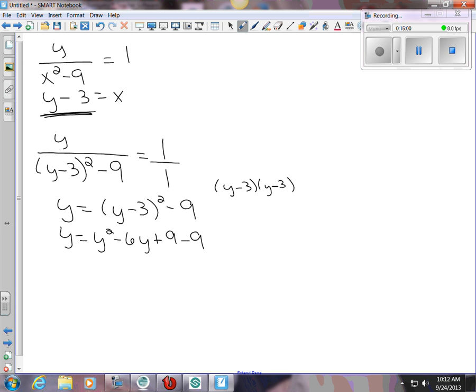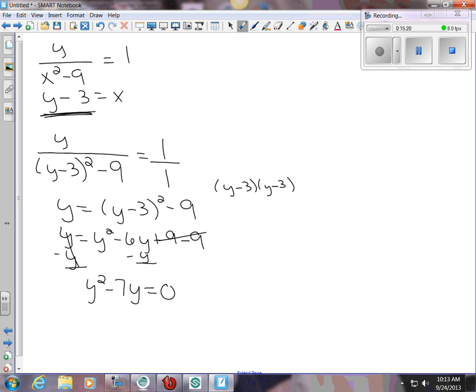Sure, we can get rid of that. Is it a quadratic? We like to get it set equal to 0 if it's quadratic, don't we?